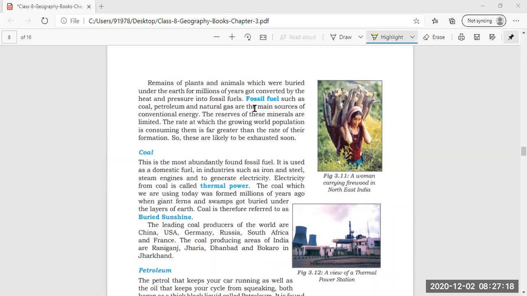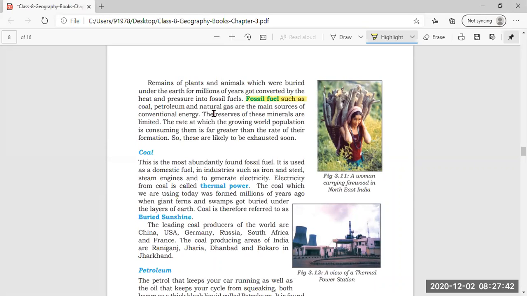And how are these fossil fuels made? This is the way: remains of plants and animals, when they are deep inside the earth and kept there for millions of years, due to the extreme heat and pressure turn themselves into fossil fuels. Now, fossil fuels such as coal, petroleum, and natural gas are the main sources of conventional energy.